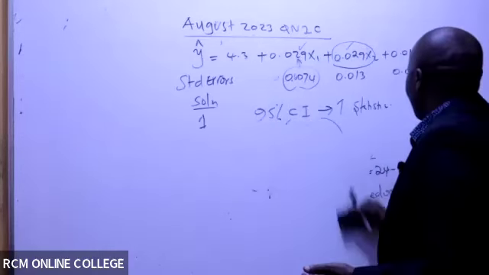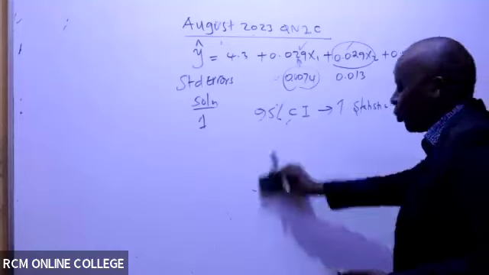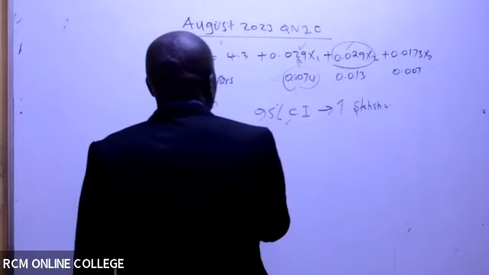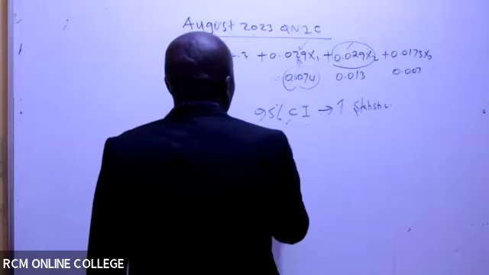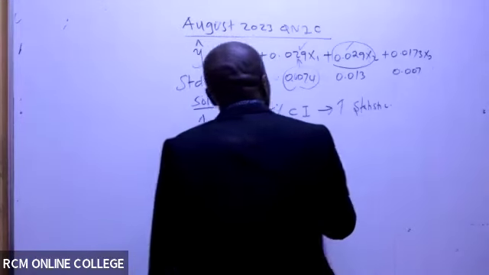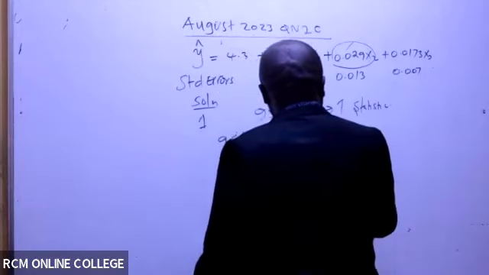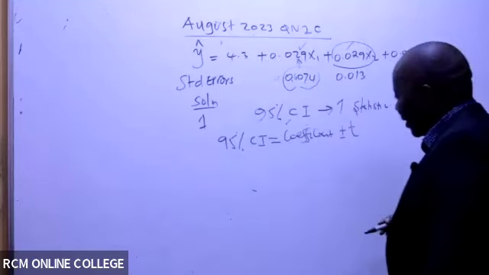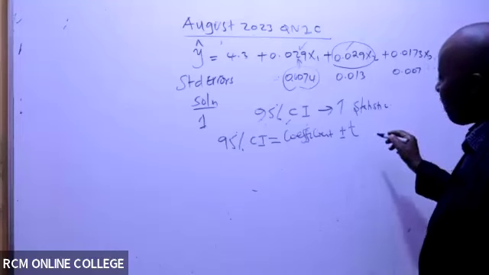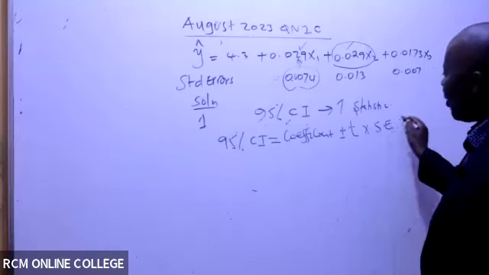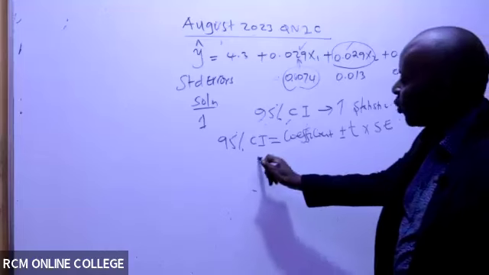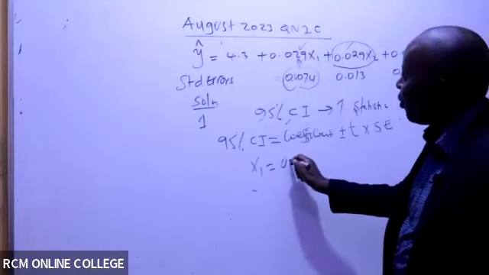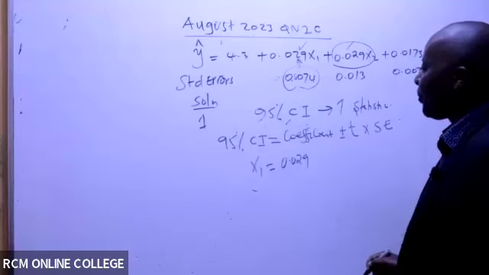How does it become simple? Because I know how to do the 95% confidence interval. To get this 95% confidence interval, we will always take the coefficient itself plus or minus t, it's normally z or t depending on the sample size, times the standard error. So we start with x1. The coefficient of x1 is 0.029.